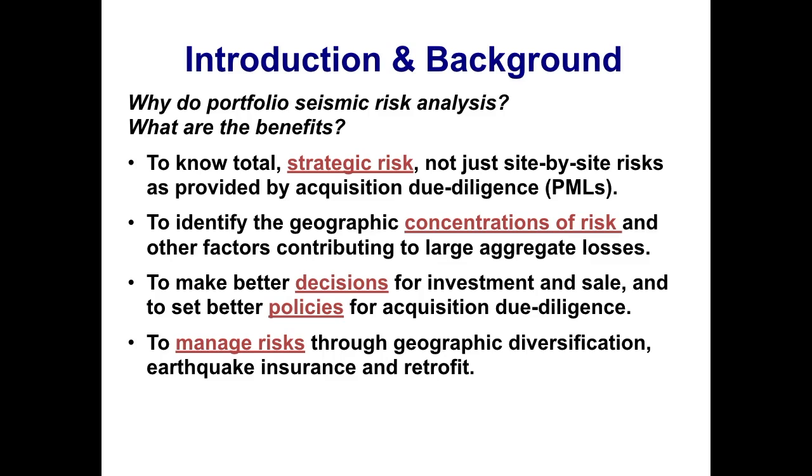And we want to identify the geographic concentrations of risk and other factors that contribute to large aggregate losses. The owners and lenders need to make better decisions for investment and sale and set better policies for acquisition due diligence. And then finally, to manage risks through strategies like geographic diversification, earthquake insurance, and seismic retrofit.